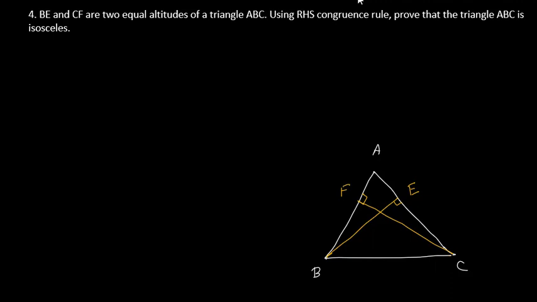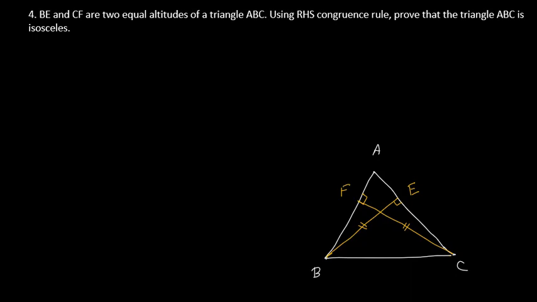So BE is equal to CF. It is given. And using the RHS rule, we have to prove that triangle ABC is isosceles. That means I have to show that this AB and this AC are equal. Okay. So to prove by RHS, I have to use the hypotenuse equal. So let us begin.